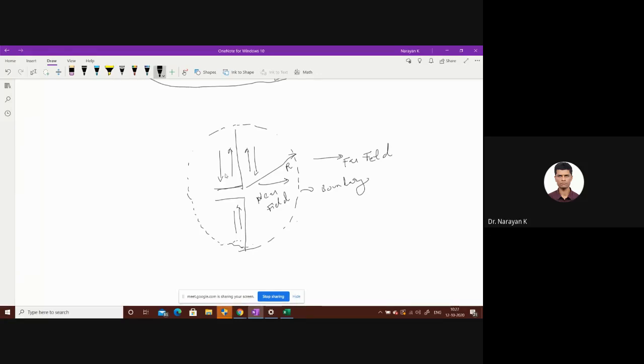Once you go away from the near field region, after the boundary where you go to the far field region, all your signals will radiate out. This is the radial component of the radiated power that will go in a radial mode outward.